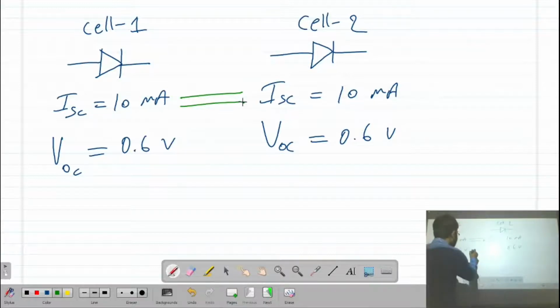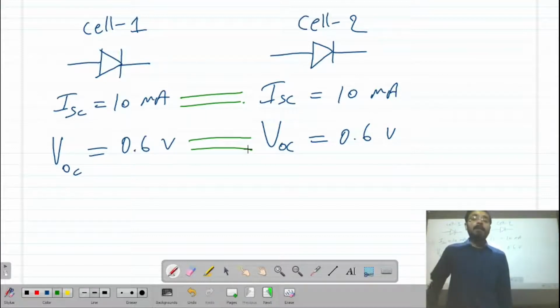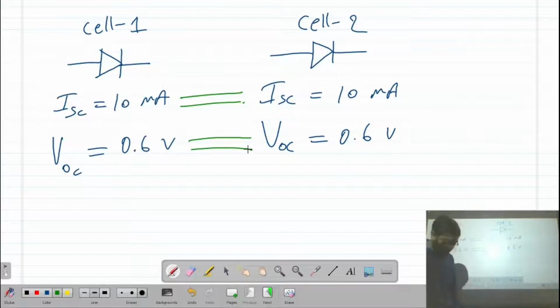The value of VOC has to be the same for both the cells, right? This is what is expected.